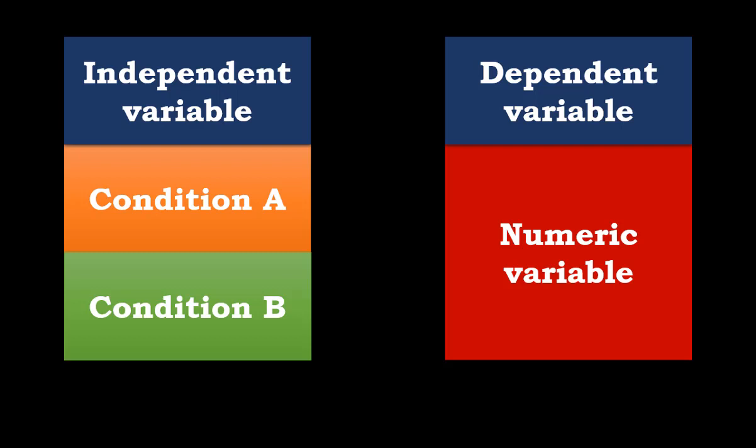So that's one difference. Now, condition A and condition B also can be randomly allocated. We allocate participants to those two conditions, or sometimes we cannot allocate randomly, and for example, we want to test a training method in one class of students and the other method in another class.